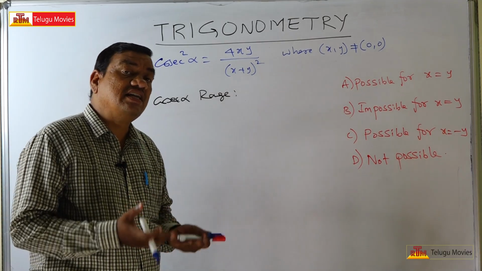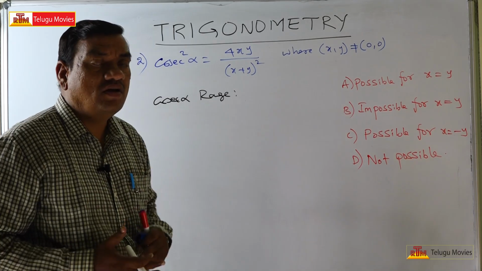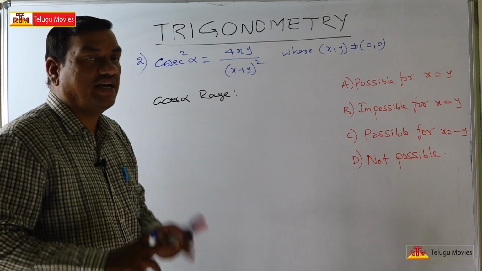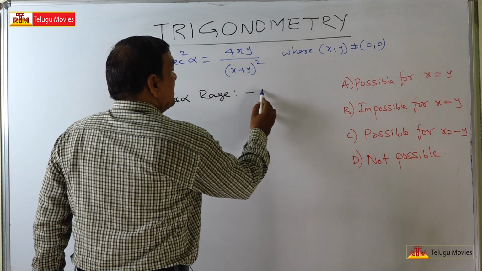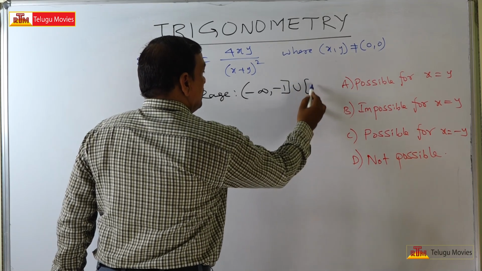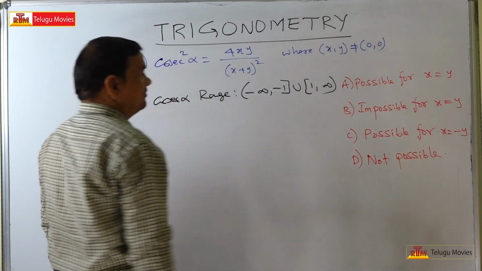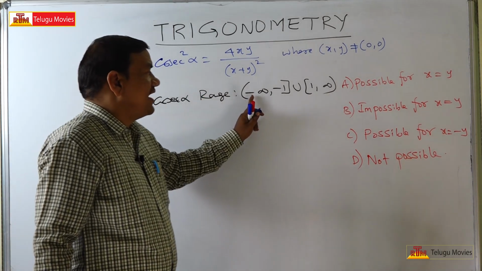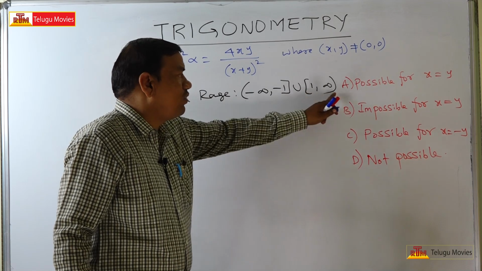What is the sin alpha range? Minus 1 to 1. Cosecant alpha range does not lie between minus 1 and 1, but of course it takes minus 1 and 1. That means minus infinity to minus 1 union 1 to infinity.